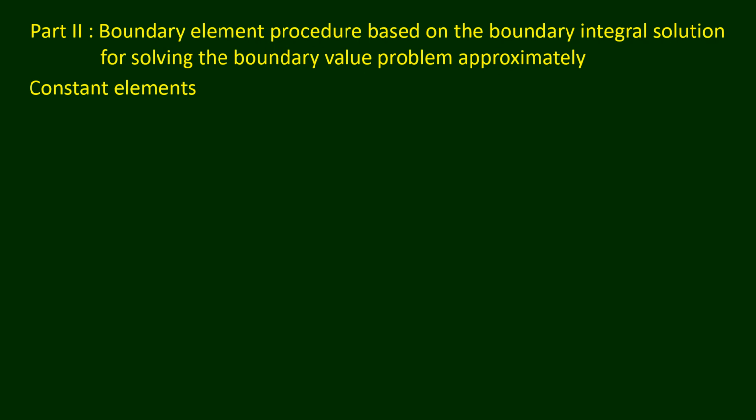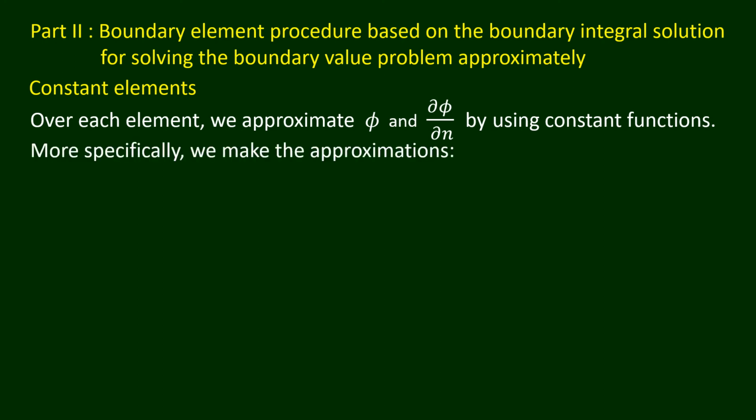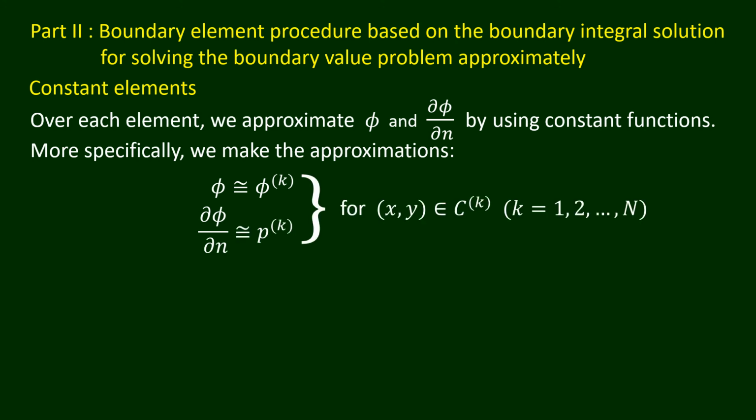To devise a simple boundary element method for solving the boundary value problem approximately, we approximate Phi, and its normal derivative del phi over del n, over each of the straight line elements, by using constant functions. More specifically, we make the approximations phi equals approximately phi k, and del phi over del n equals approximately pk, for point xy, on the straight line element ck.